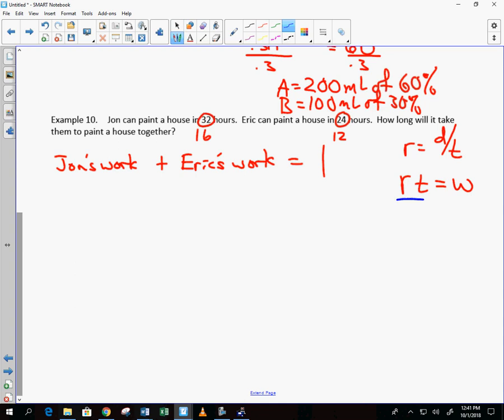It says that the rate times the time is equal to the amount of work getting done. Well, we know John's rate. John does one house every 32 hours. Now, we don't know how much time it takes him when he's working with Eric. But we know the rate, that's the rate that he's working at when he's putting in that time. What is Eric's rate?